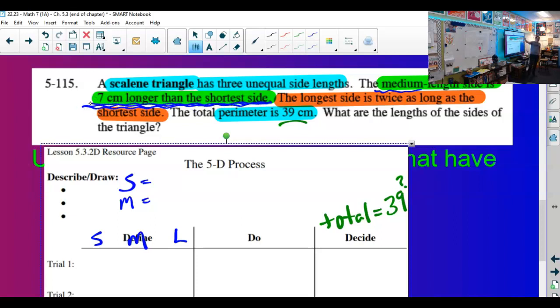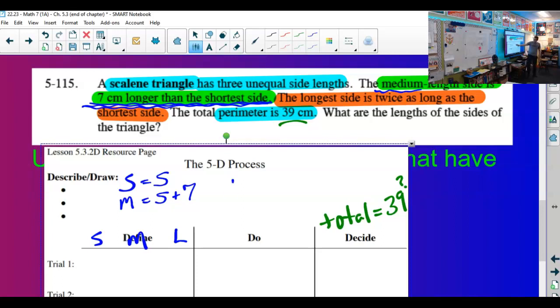We can use a variable for the short side, S for shortest. Guys, if we give a variable to the short side, and the medium is 7 centimeters longer, that's S plus 7, right? Short side plus 7.